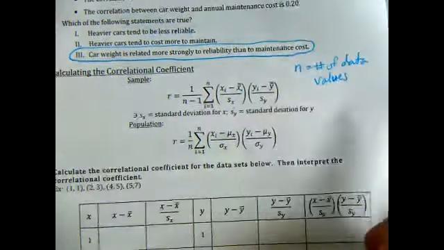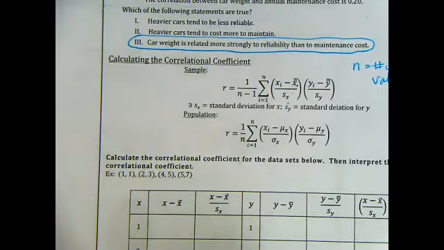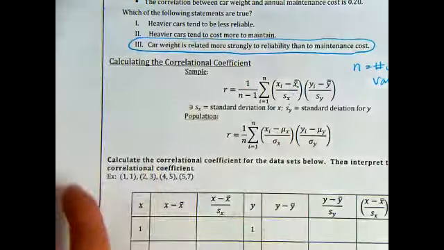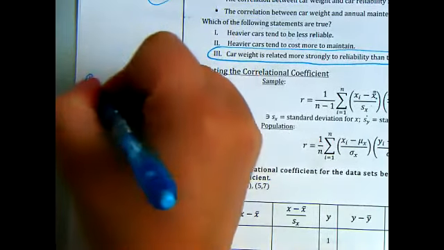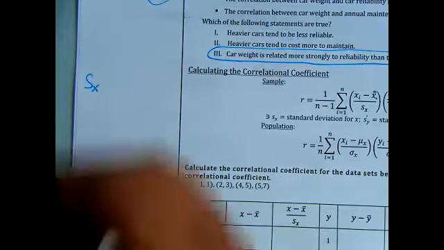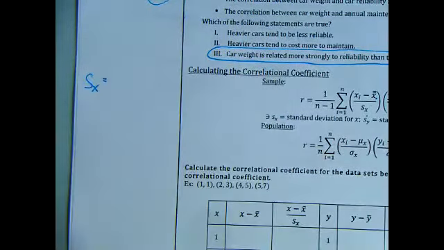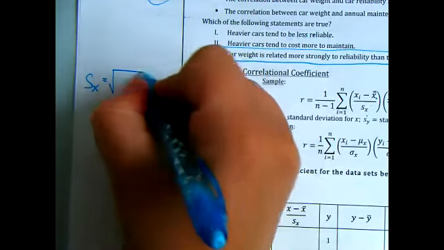Okay. So if we need a reminder, which I think we do, of the equation for standard deviation, we're going to put that right over here on the side. Okay. So our standard deviation, I'm going to do the sample one first.